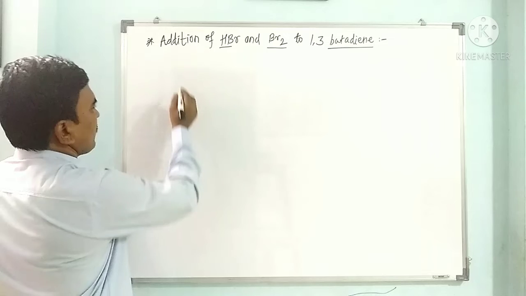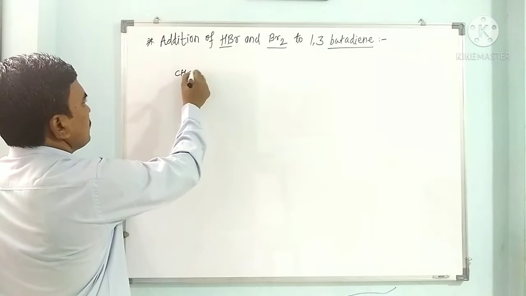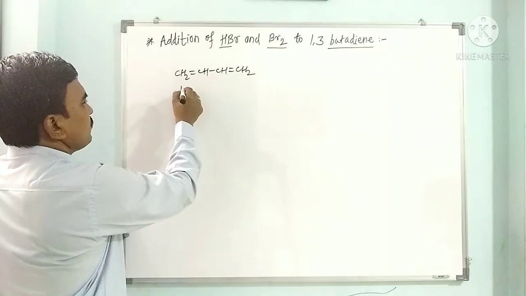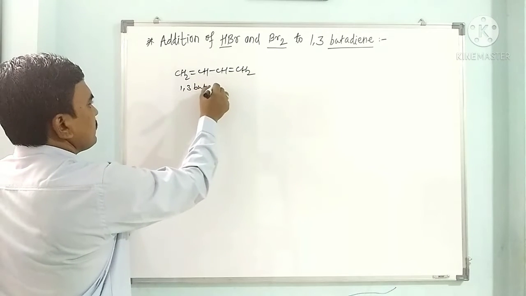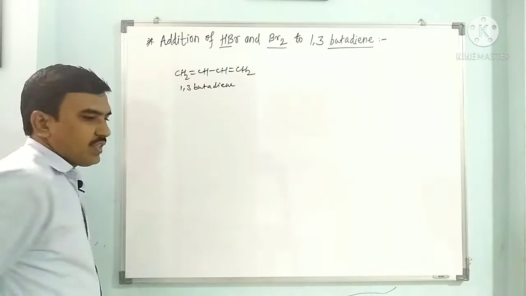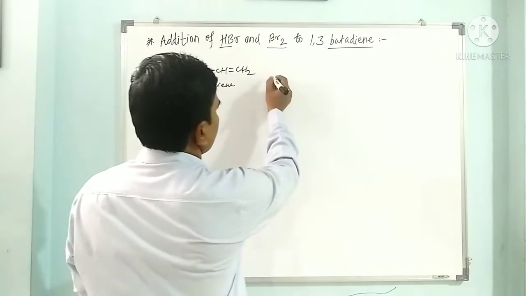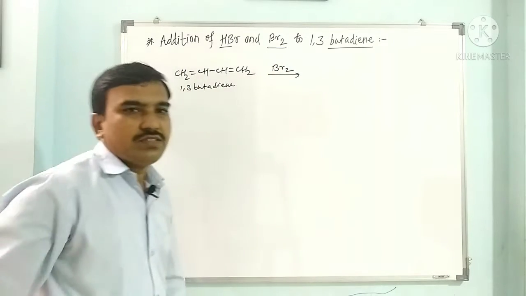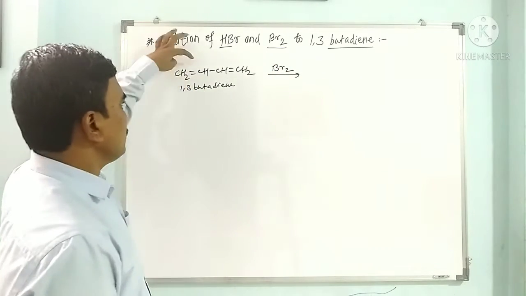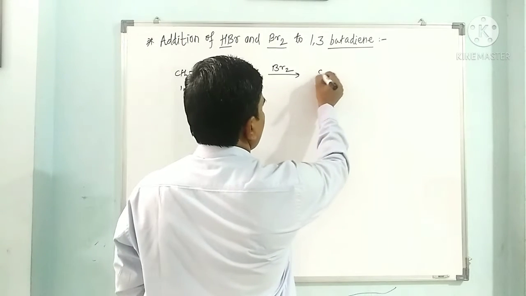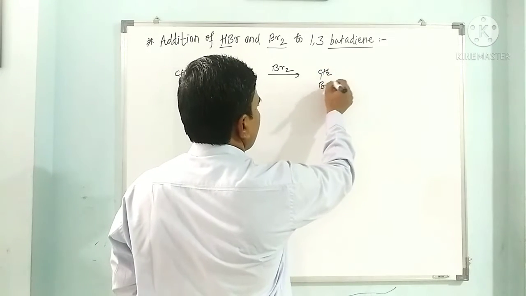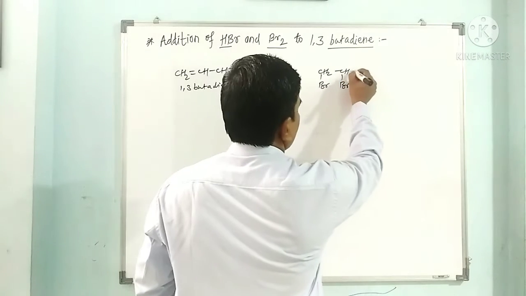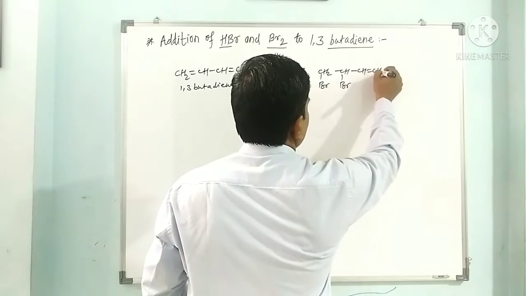Now, butadiene, that is CH2 double bond CH, CH double bond CH2, so this is 1,3 butadiene. When it reacts with Br2, that is bromine, it undergoes addition across the first pi bond and we get CH2Br, CHBr, and this double bond remains as it is, CH double bond CH2.